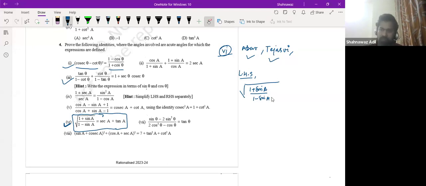By squaring? No, no. We square whenever we are solving an equation, because we have to square both sides. But whenever we are proving an identity, we don't square, since we are not solving an equation. So we have to rationalize it.